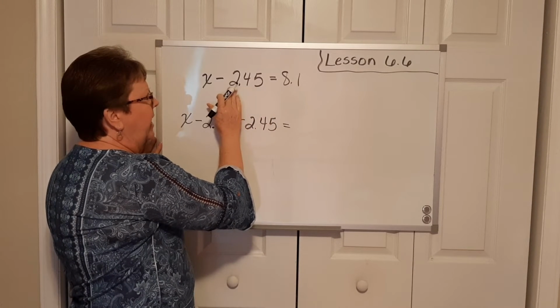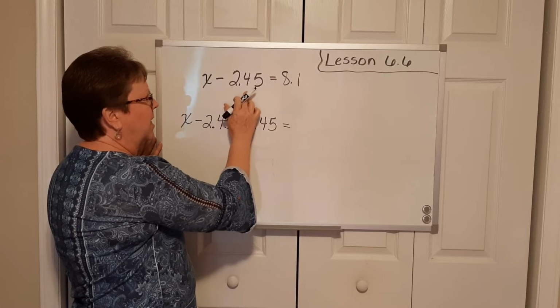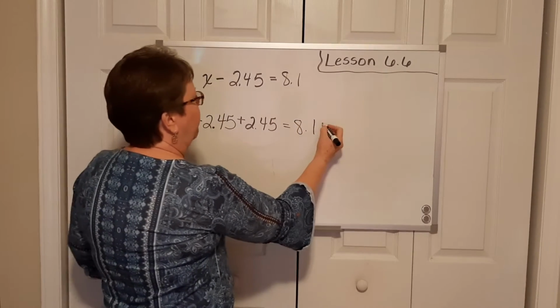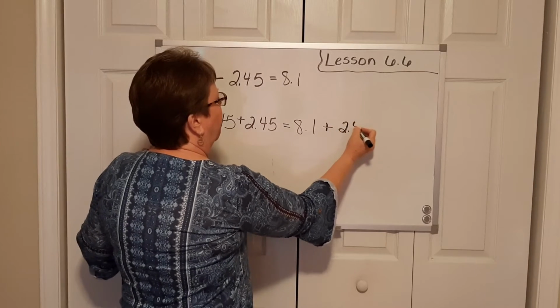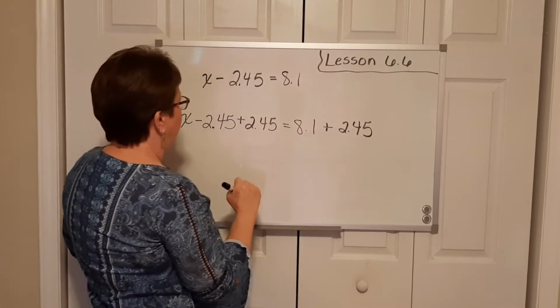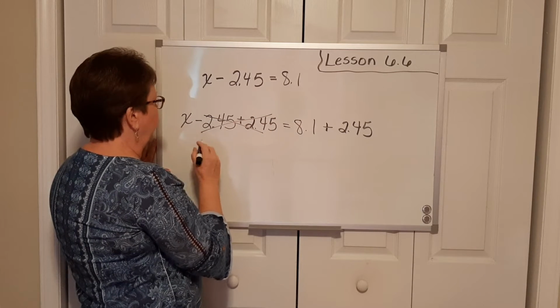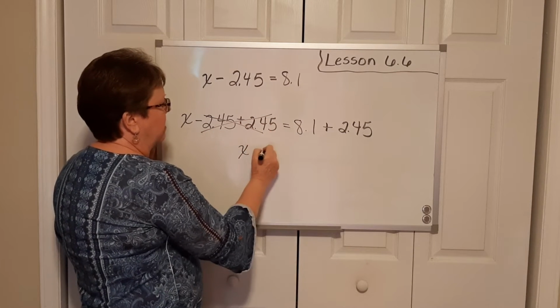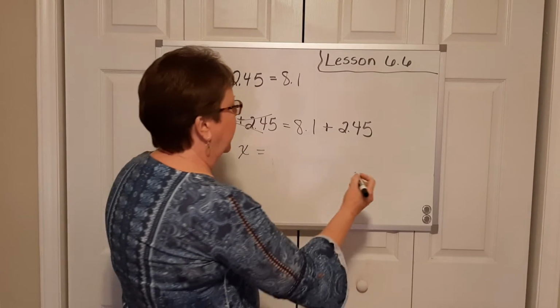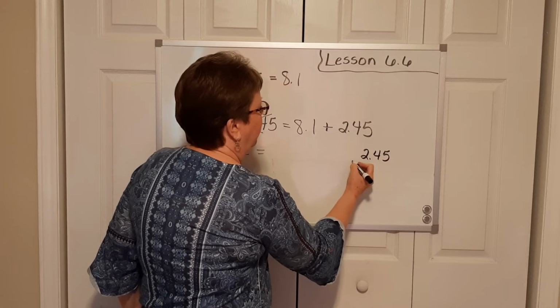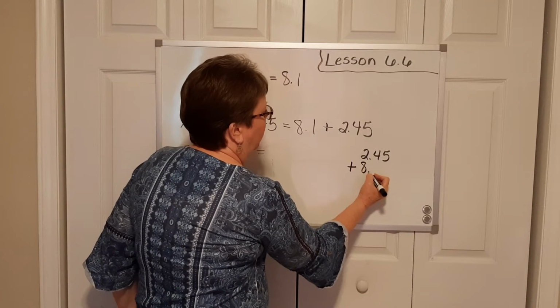And so if we added 2.45 to this side, we're going to have to do the same thing over here. So 8.1 plus 2.45. This will cancel each other out and give us 0, so we've got our x. Now, to figure this out, we're going to write it going down, 2.45 plus 8.1.